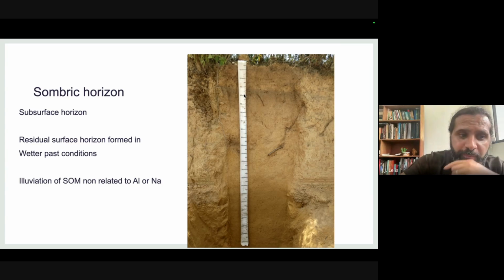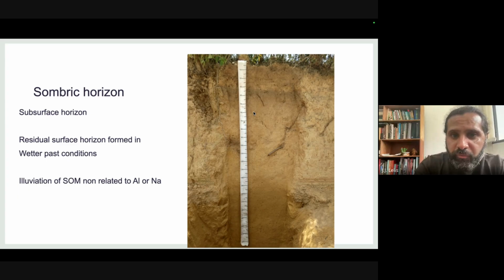The first one says that the sunbreak horizon is a residual surface horizon formed in past wet conditions. Okay, so let's think, for example, that this soil was formed in the past in wet conditions.